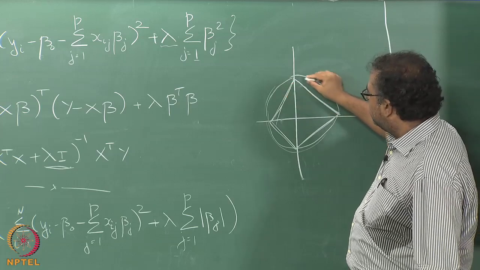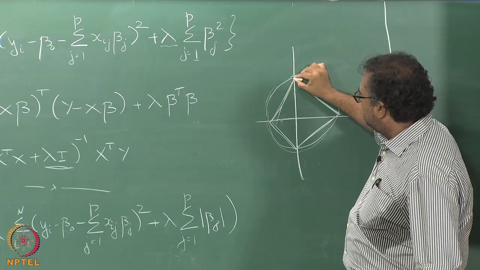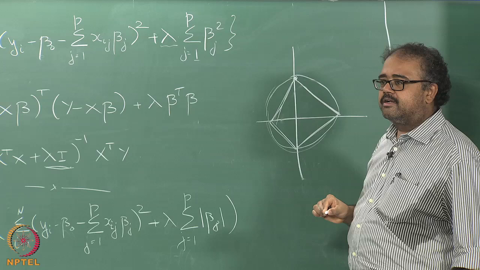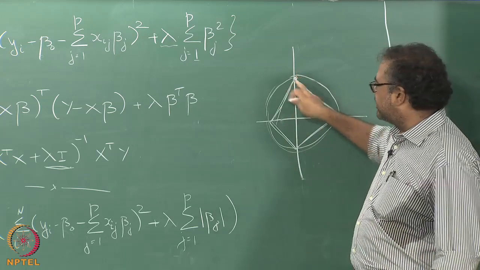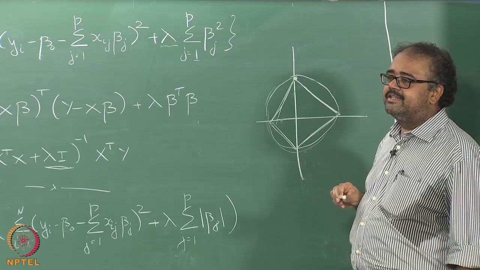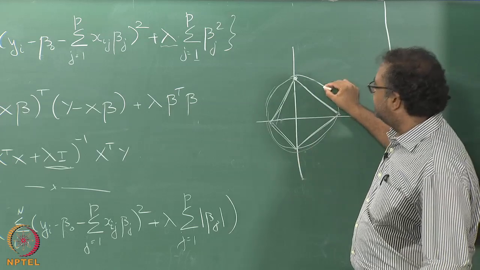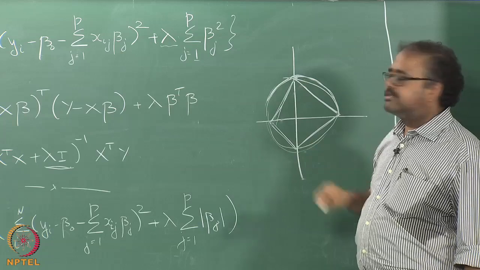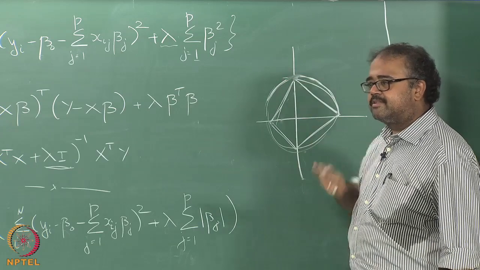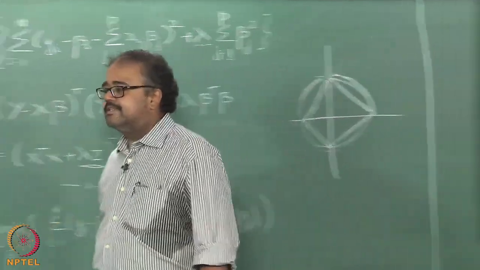And it turns out that you are more likely to hit a corner in the lasso case. You can show that more formally. In the Ridge case, because the whole thing is convex, the probability of hitting that side is higher.